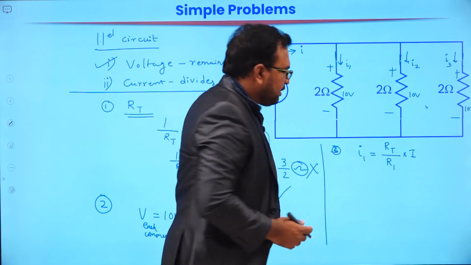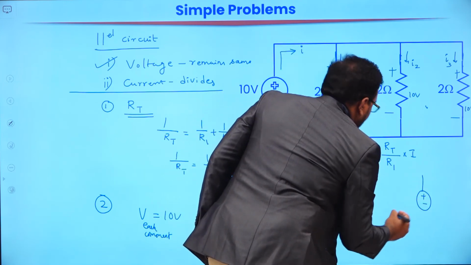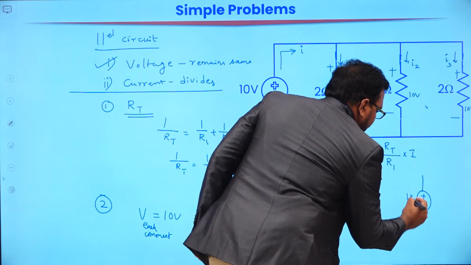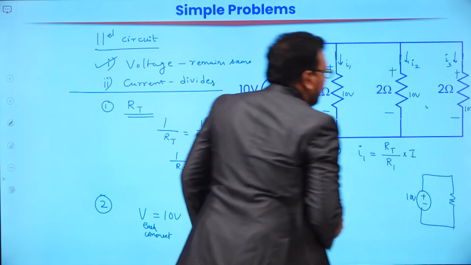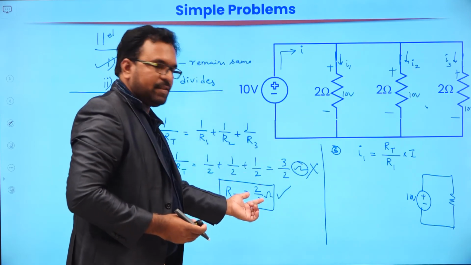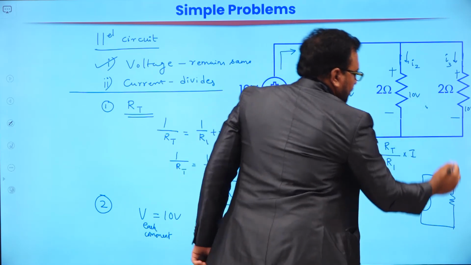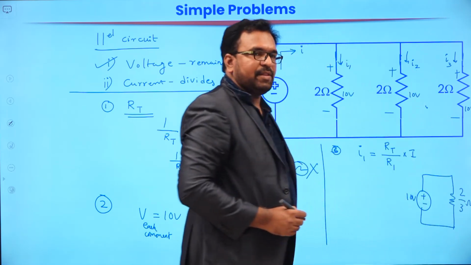Replace the circuit with a single-resistor circuit. The voltage given is 10 volts. And we know that the equivalent resistance of the 3 resistors is 2 by 3. That's why we are going to remove these 3 resistors and place a single resistance of value 2 by 3 ohms.